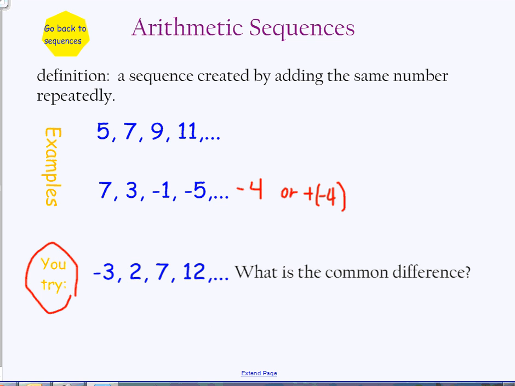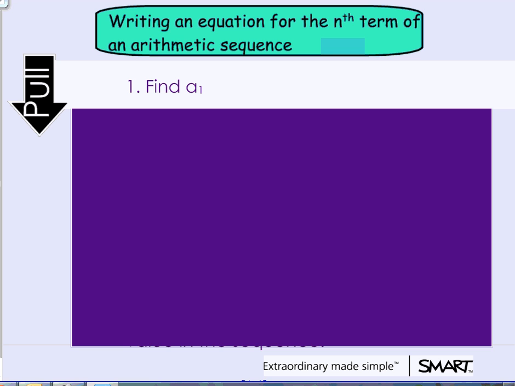Okay? All right. So with these arithmetic sequences, in order to make our life a little easier, because oftentimes the question will come across and it'll ask you, what is the 50th term in this sequence? Well, instead of listing out 50 numbers, algebra has given us a wonderful formula or an equation that we can use. All right.